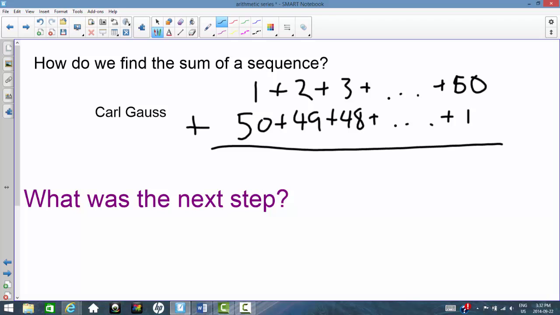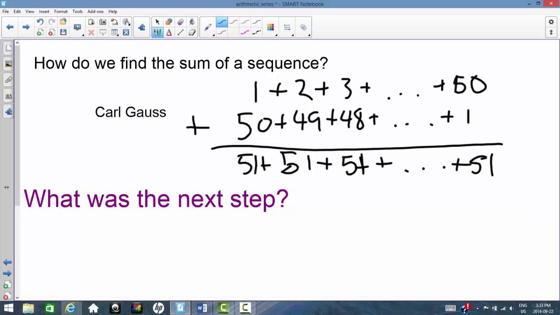If I add these two up, I get 1 plus 50 is 51, and then 2 plus 49 is also 51, and 3 plus 48 again is 51. And you'll notice that the pattern goes all the way to the bottom. 50 plus 1 is 51. Okay, so he discovered this if you did this.